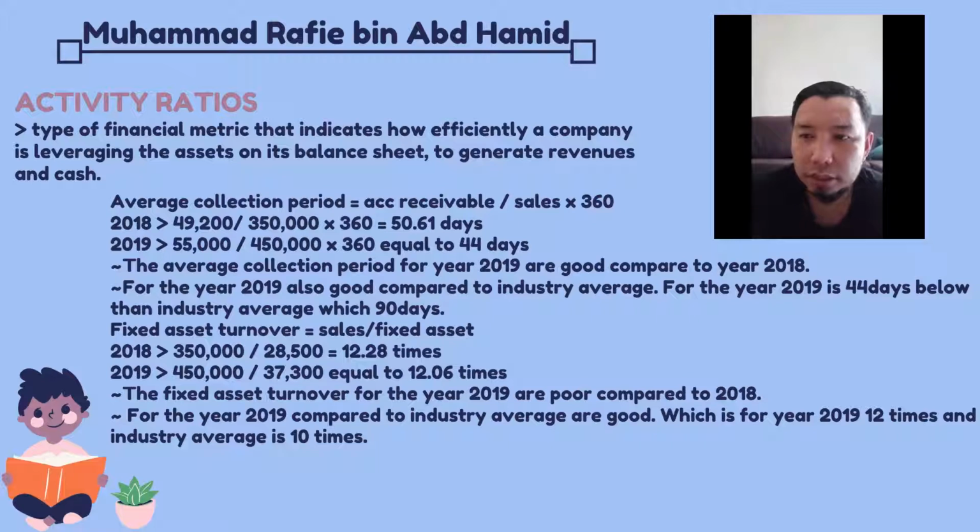Okay, then fixed asset turnover for the year 2018, the formula is sales divided by fixed asset. 350,000 divided by 20,500 equals 12.28 times. For the year 2019, 450,000 divided by 37,300 equals 12.06 times.